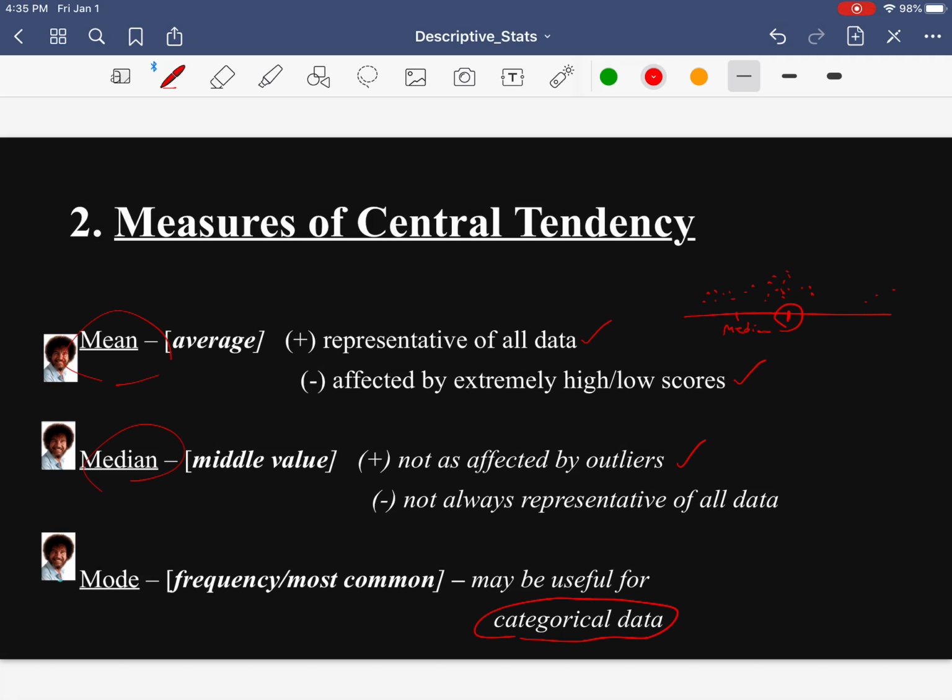You may be more inclined to use mode. In other words, when you give a survey out to a group of people and their responses aren't numerical, maybe you ask them how they feel about a certain thing, you may be interested in the mode or the frequency that they use certain words.